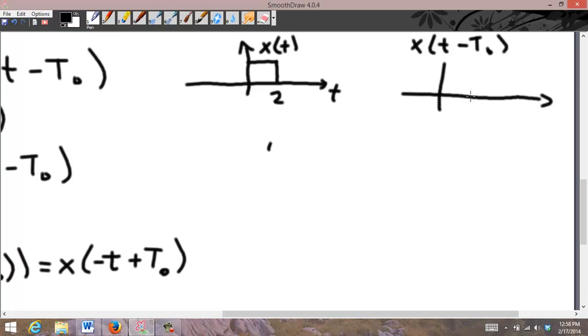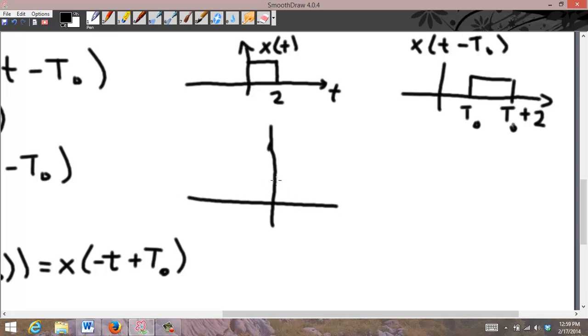So from 0 to 2 it would be from t naught to t naught plus 2. The output due to this x is the time reversal, so it's going to look like that. This would be y of t.